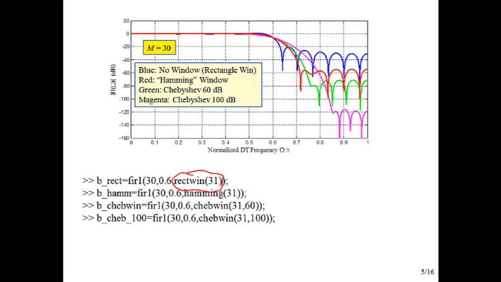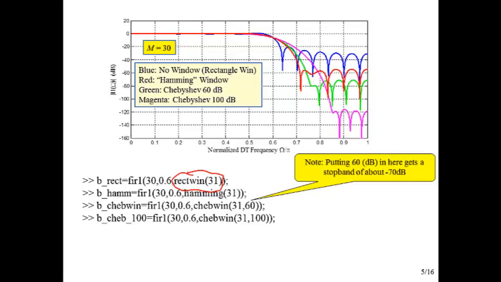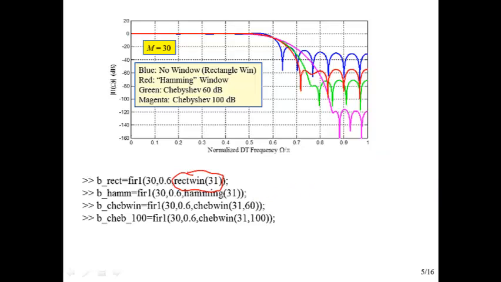It doesn't do any tapering whatsoever. The Hamming window is another popular window. Be aware that there's another window called the Hanning window, but technically that should be called the Hann window, though sometimes it's called the Hanning window. So you can check that one out as well.